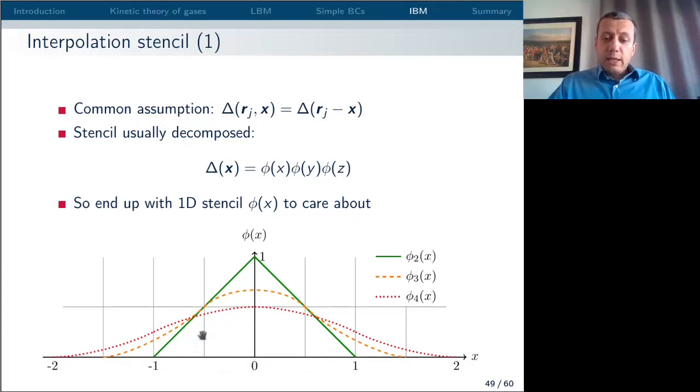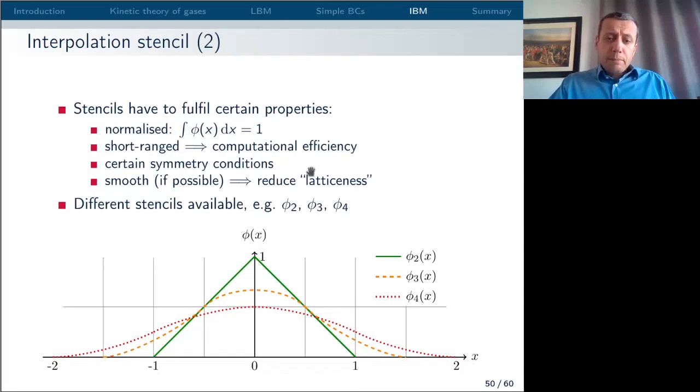And obviously, the wider it is, the more computationally expensive it becomes, because you have to consider more calculations and more memory lookups. You could say, well, let's make it as narrow as possible because it's more efficient, which is true, but you will also see more latticeness. Basically, if your marker moves on top of the lattice, sometimes the motion is not very smooth because you are changing your neighbors, and there's not a very smooth transition between the interpolation of different neighbors. That is the purpose of these wider stencils, where the lattice effect is smoothed out a bit more.